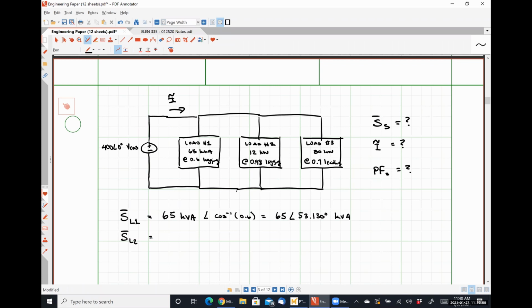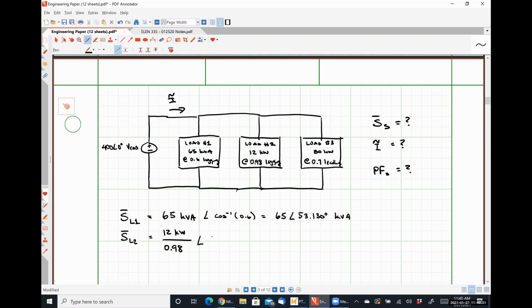So inherently, power factor is the ratio of the average power divided by the apparent power, right? So if I know the power factor and I know the average power, finding the apparent power should be fairly trivial, just using algebra. If I divide the average power by the power factor, that has to give me my apparent power. In this case, that would be 12 kilowatts divided by 0.98.